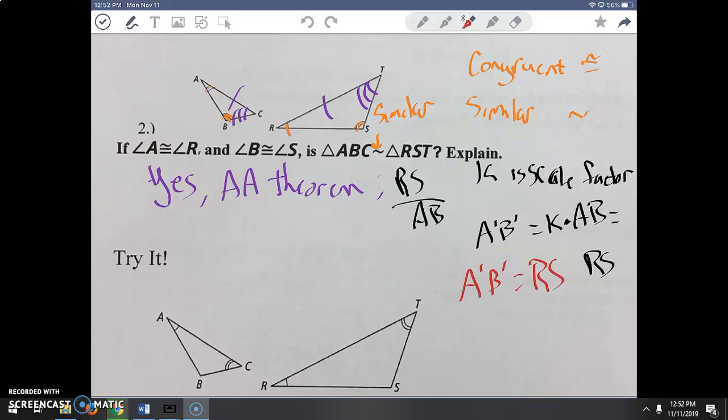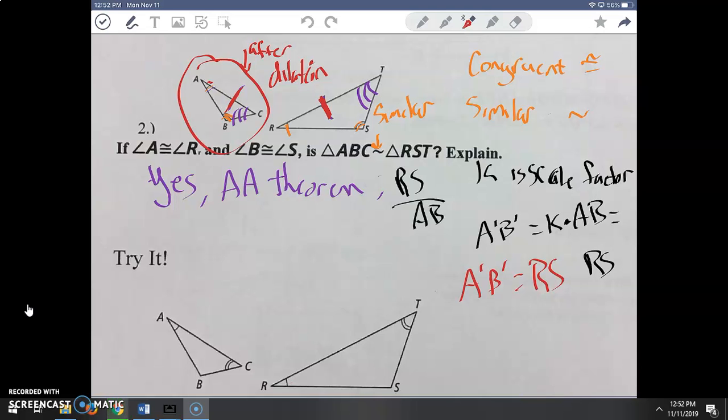So after we dilate this triangle, this side is going to be after the dilation, and AC is going to be proportional to RT. After we get that, they're going to be proportional, and then we're going to notice that they are similar. If they are proportional, they are similar.